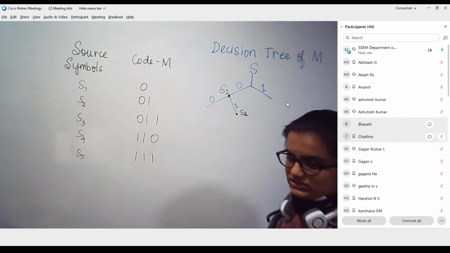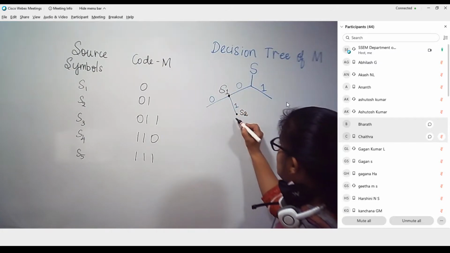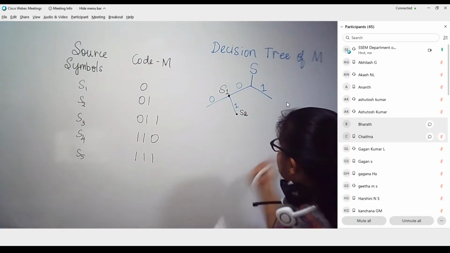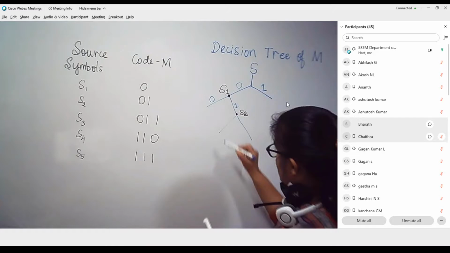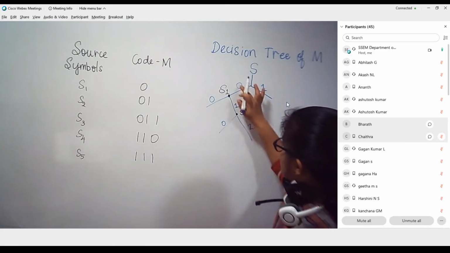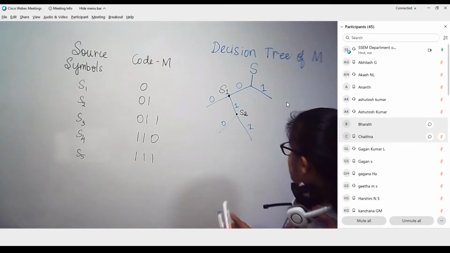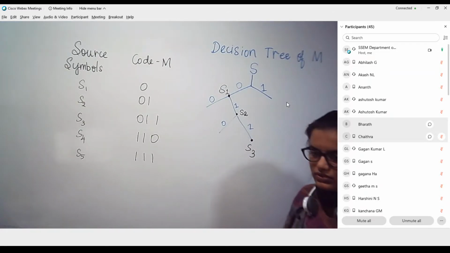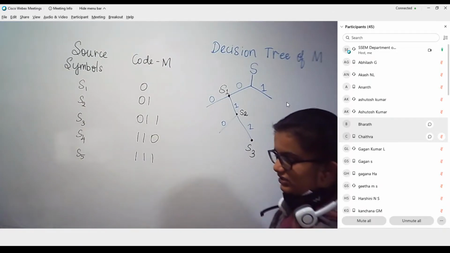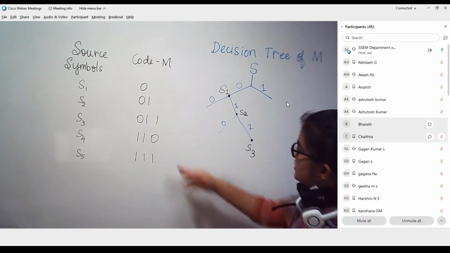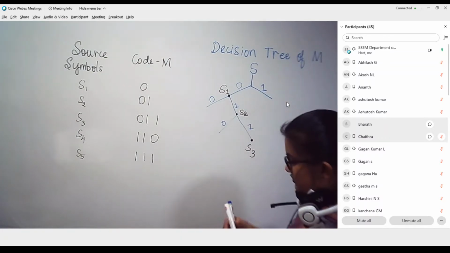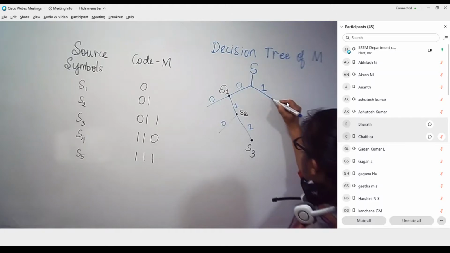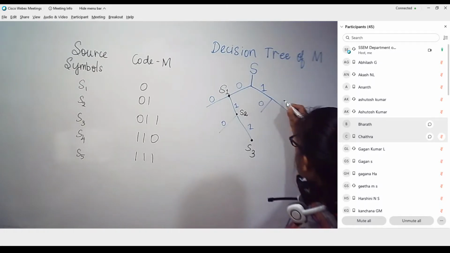Then the next one is 0 1, and again I need to split over here into 0 and 1. So 0 1 1 is the third symbol, represented as S3. Then coming to S4, there is 1 already. I am going to split again, 0 and 1.